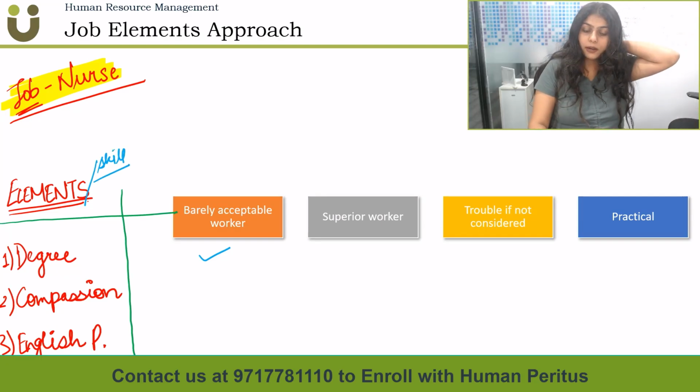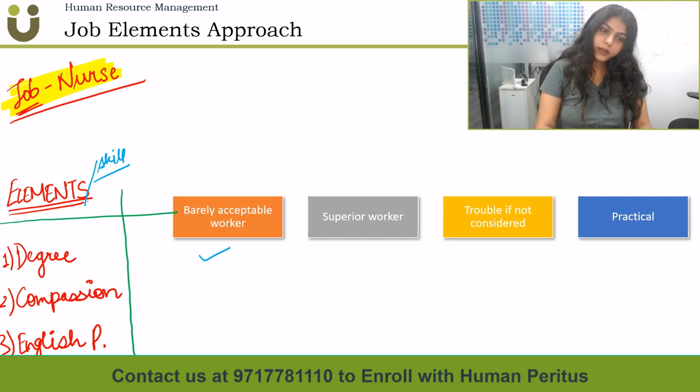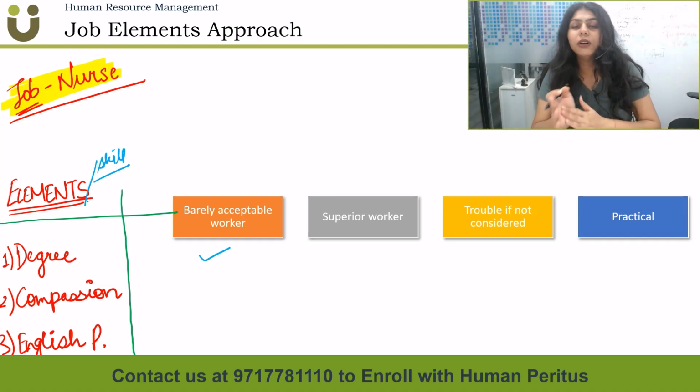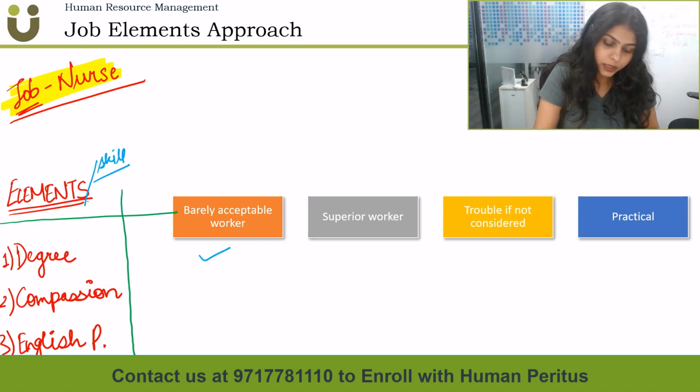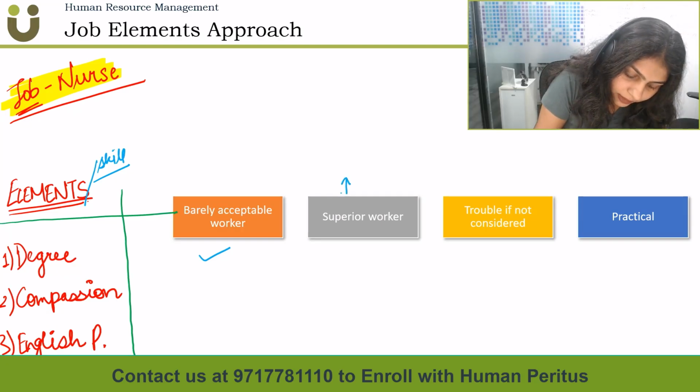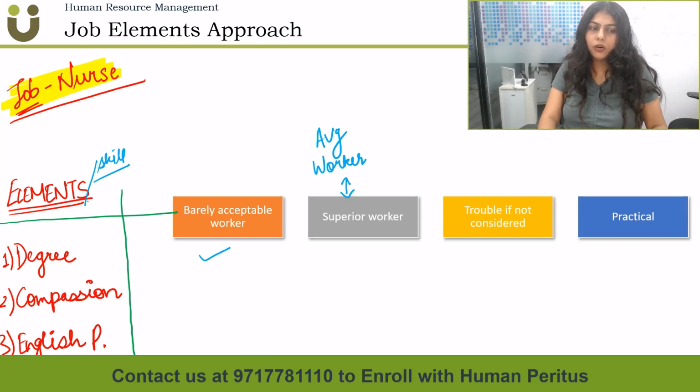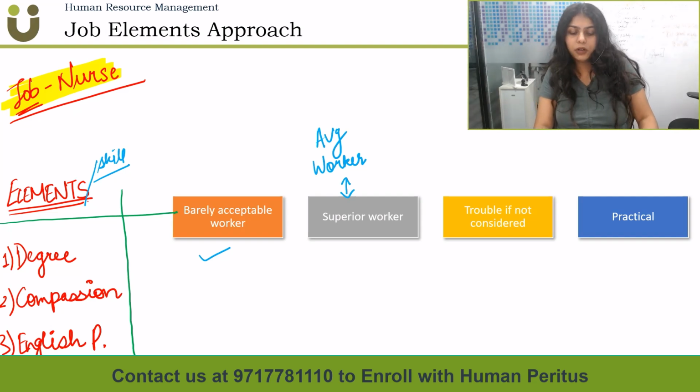Okay, but would it be enough to differentiate you from an average worker or a superior worker? This is the difference between an average worker and a superior worker. So is a degree something that would differentiate? No, I don't think it would, because all the nurses have a degree.